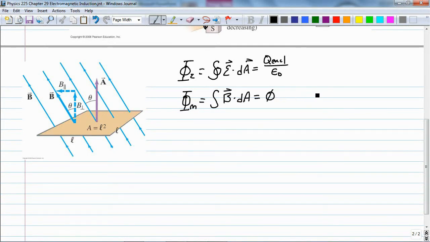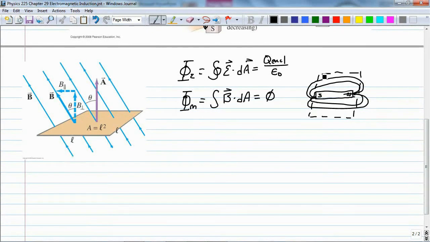And the reason why it's zero is if I take a magnet, I have a south end, a north end, and I have these magnetic lines, then no matter what shape I put around this magnet, the amount of flux lines going into or out of the shape is going to be the same amount of flux lines coming in.